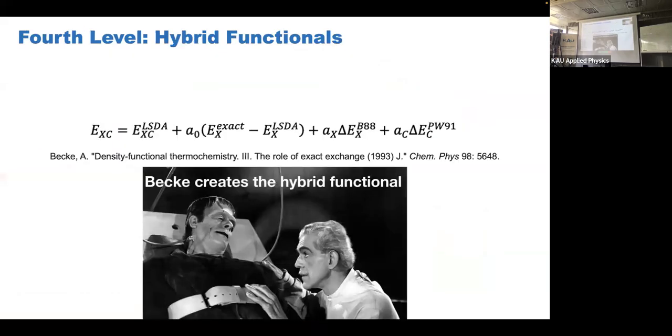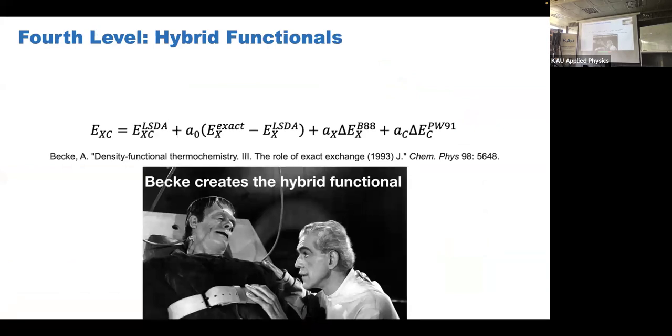And the fourth level, hybrid functionals. It's like we take some Frankenstein potential, we take some parts of different potentials.